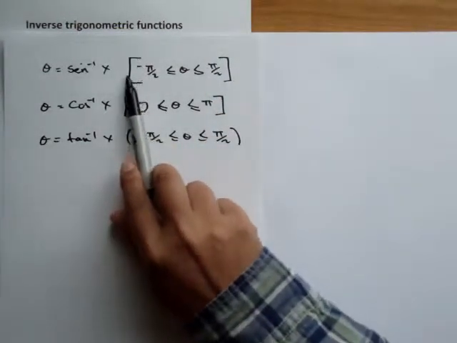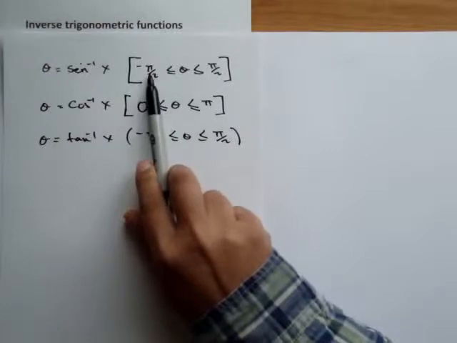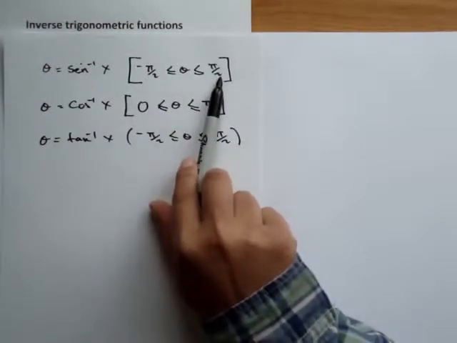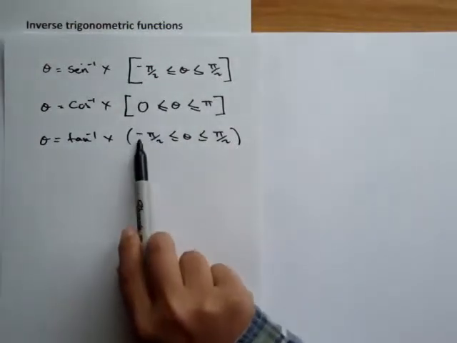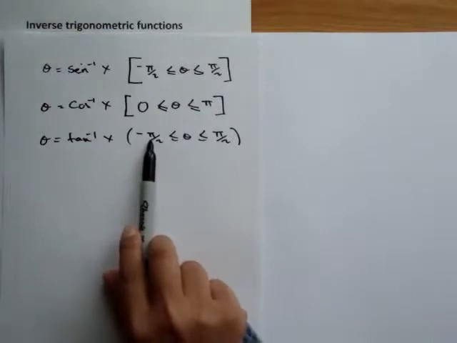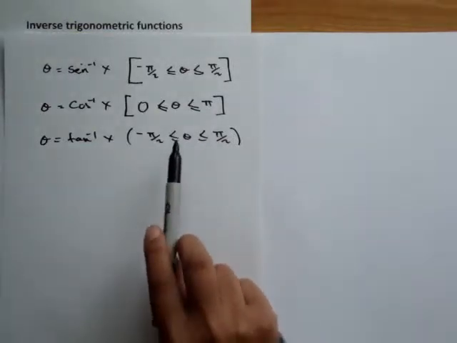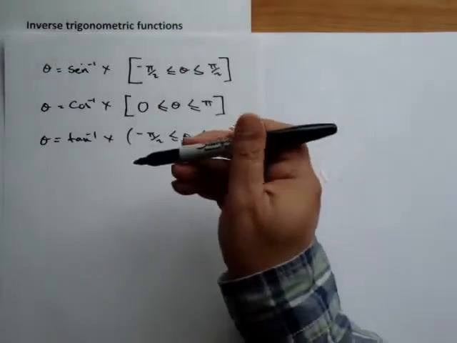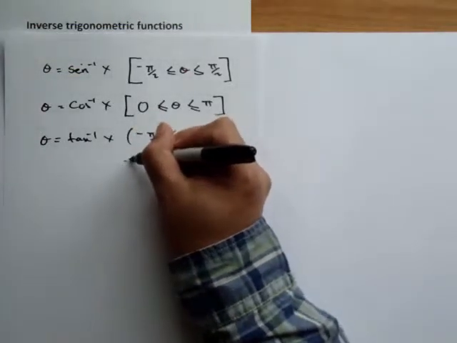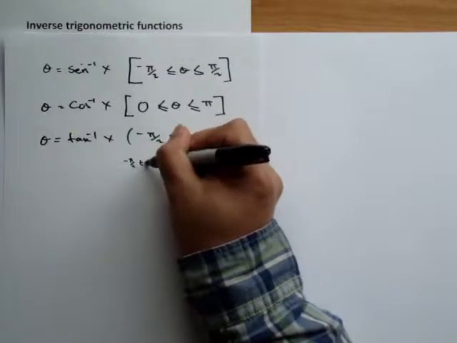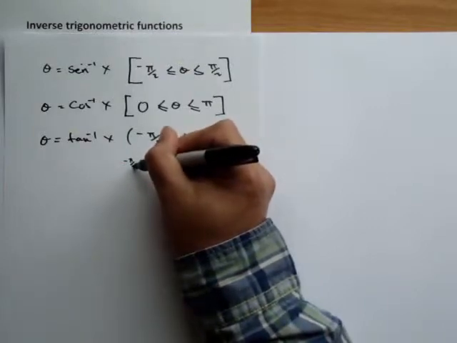Where we've got these brackets, the minus pi over 2 and pi over 2 are included. Where we've got this for tan, minus pi over 2 and pi over 2 are not included, because at minus pi over 2 tan is undefined.